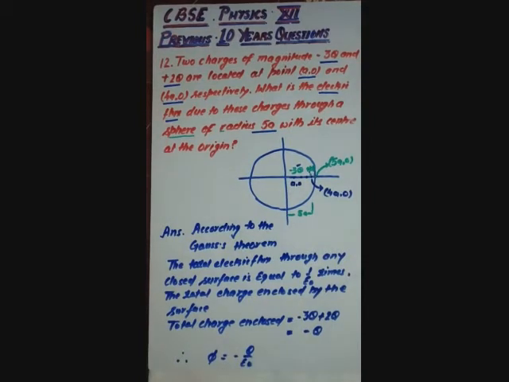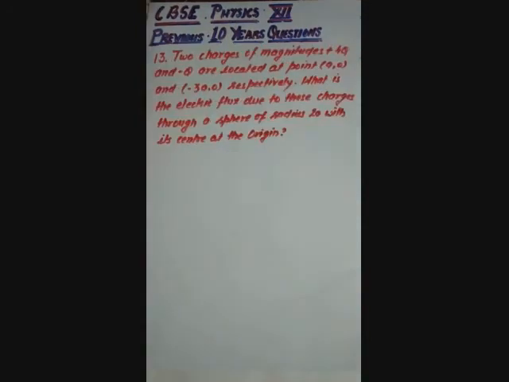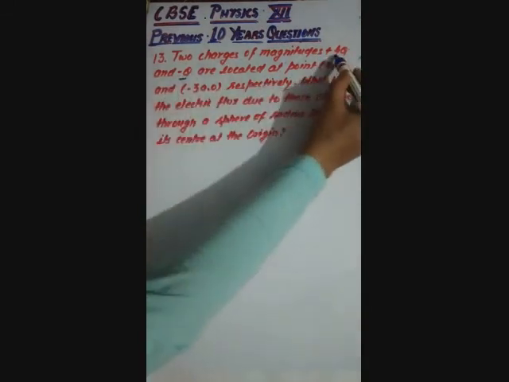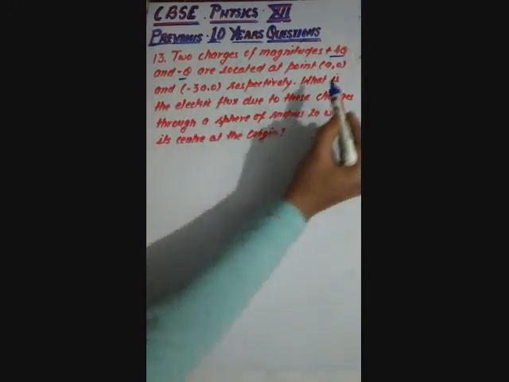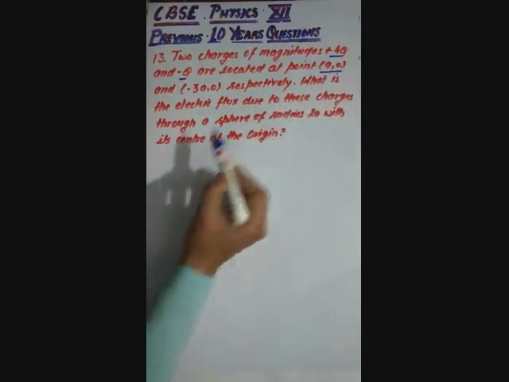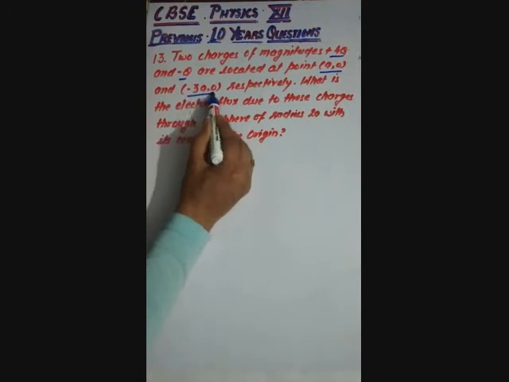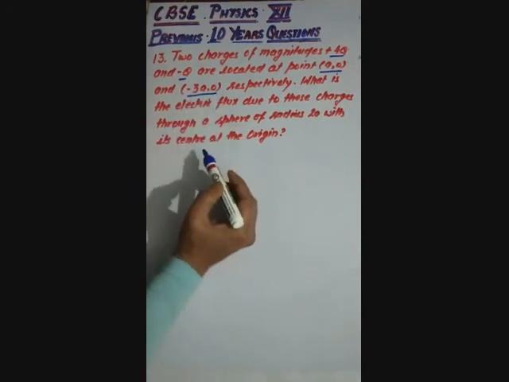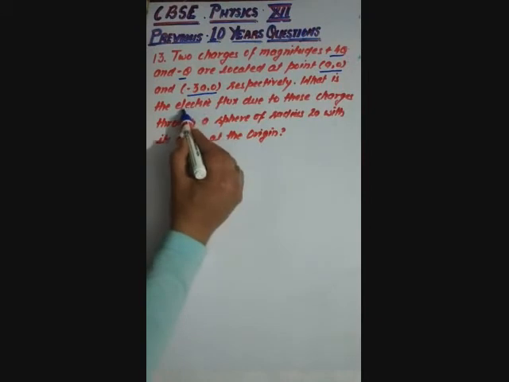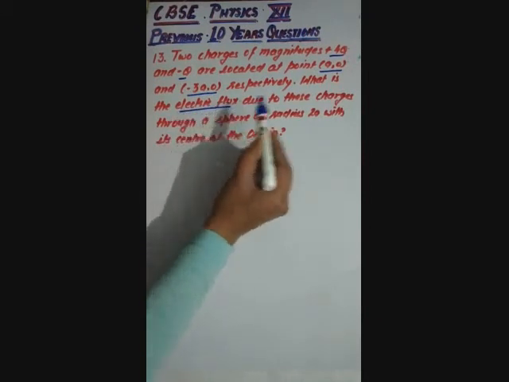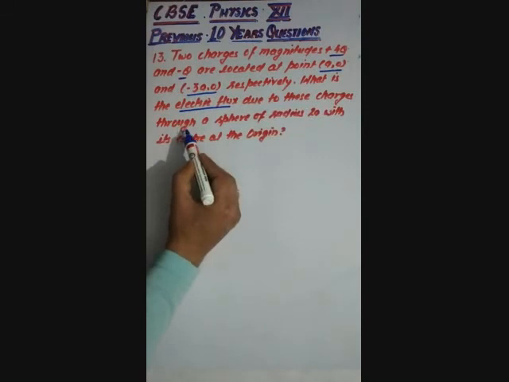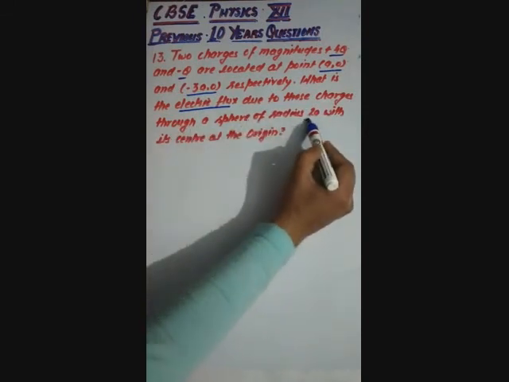The next question: two charges of magnitude 4q and negative q are located at points (a, 0) and (negative 3a, 0) respectively. What is the electric flux due to these charges through a sphere of radius 2a?